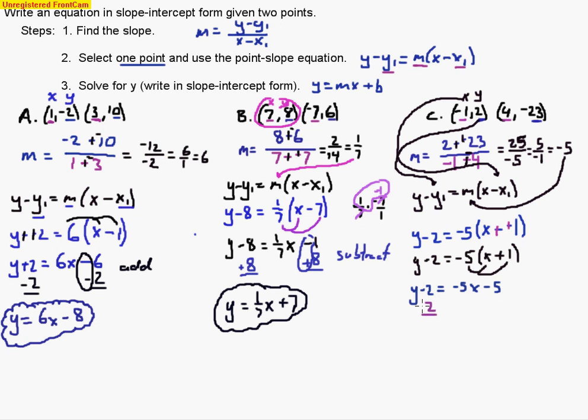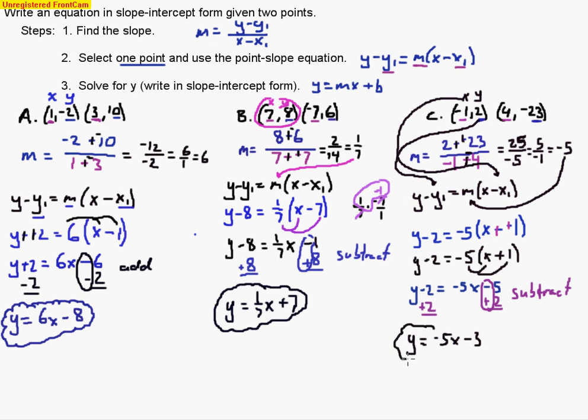So the opposite of -2 is +2. So we're going to add 2 to the -5. And again, whenever you have opposite signs in this case, we're going to subtract those two numbers, and we'll get our answer in that slope-intercept form, which is y equals -5x minus 3. And there it is.